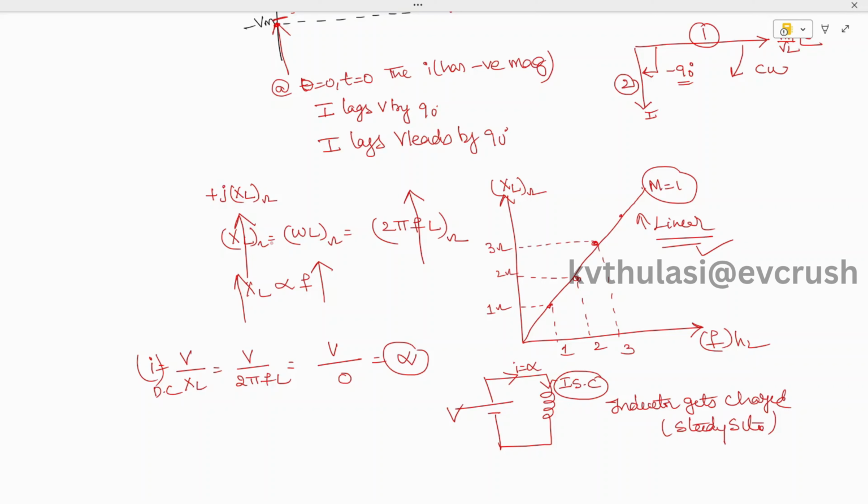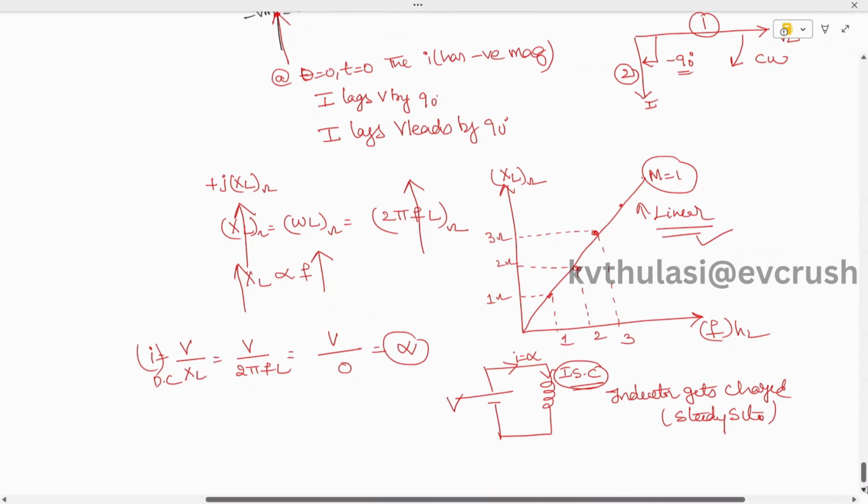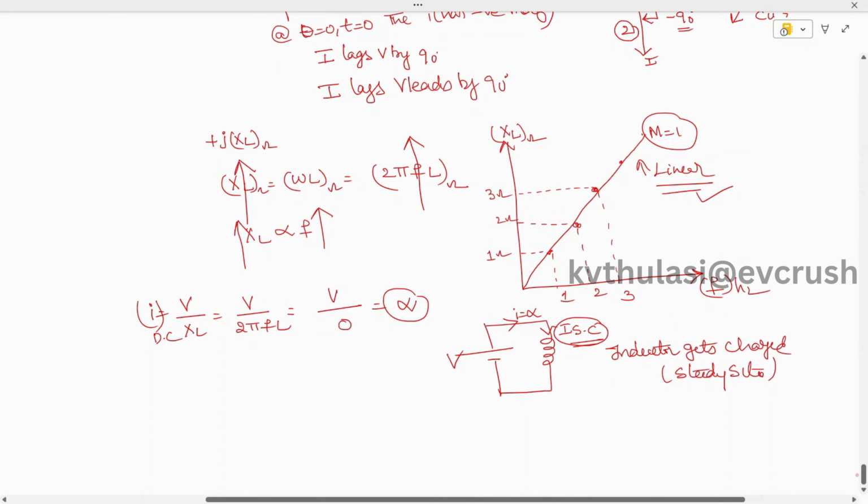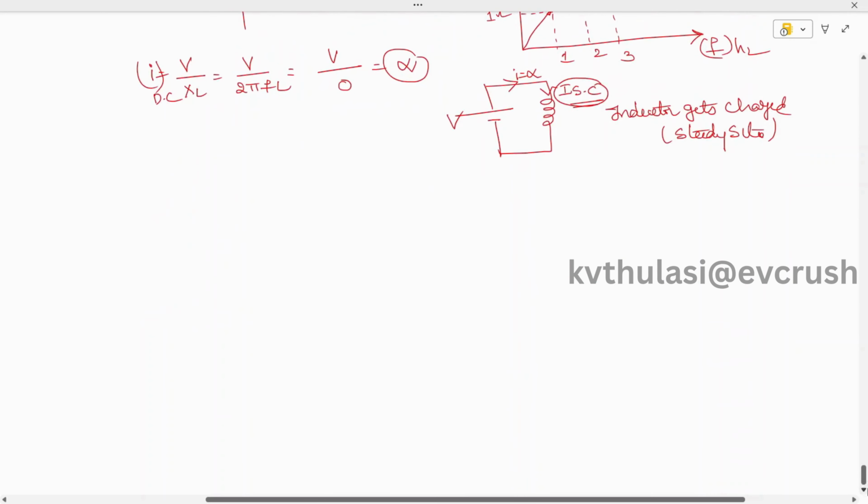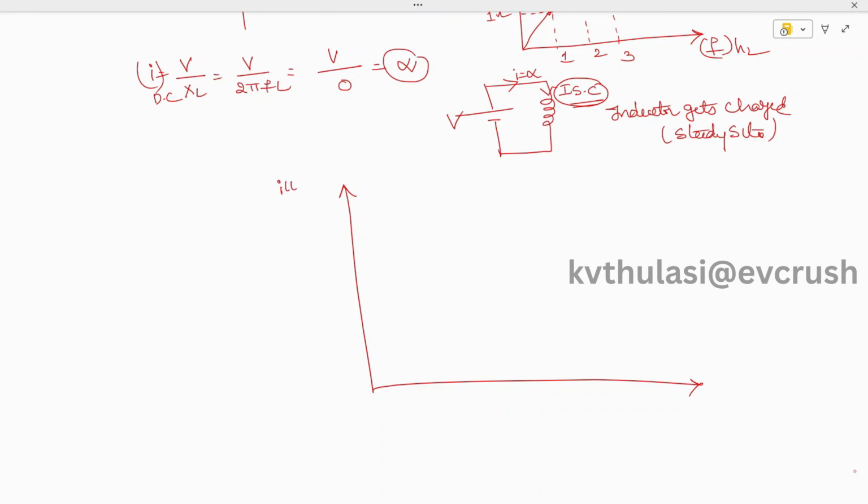It acts as a short circuit and stores the energy. I already told what the transient state and steady state are. Now the switch is closed. This is I of t, and this is t. Suddenly we close the switch, the inductor slowly charges and reaches its final value. This period we call the transient state, and this period we call the steady state.